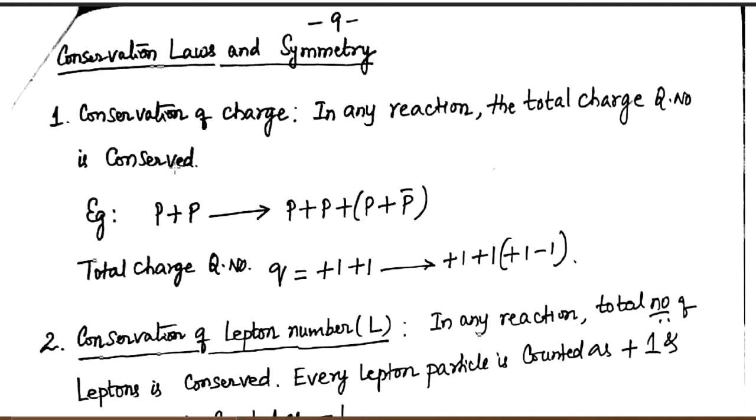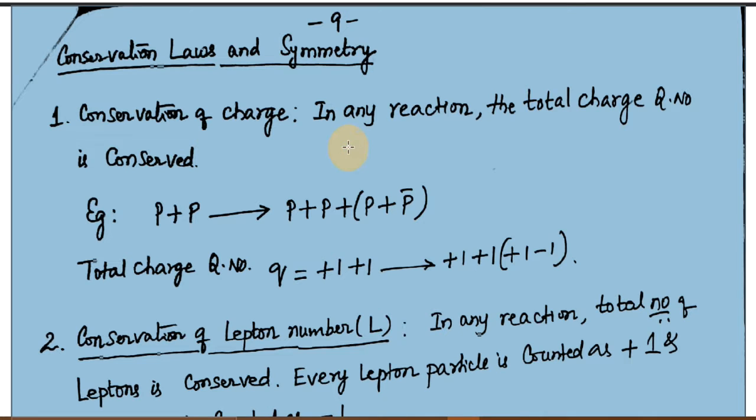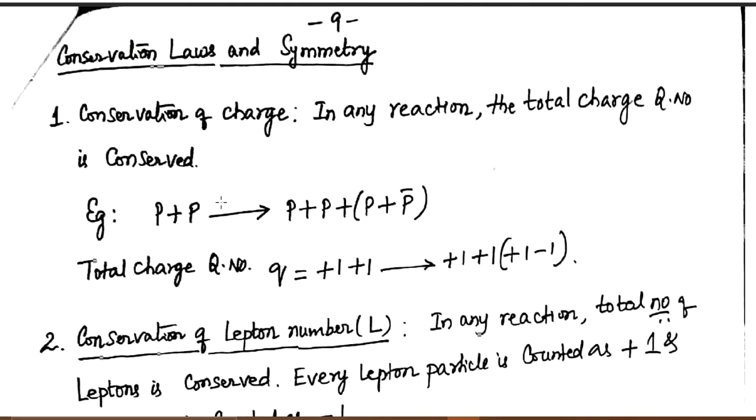For example, you see this reaction: P plus P, where P denotes protons, gives rise to P plus P plus P plus P complement, which is an antiproton.